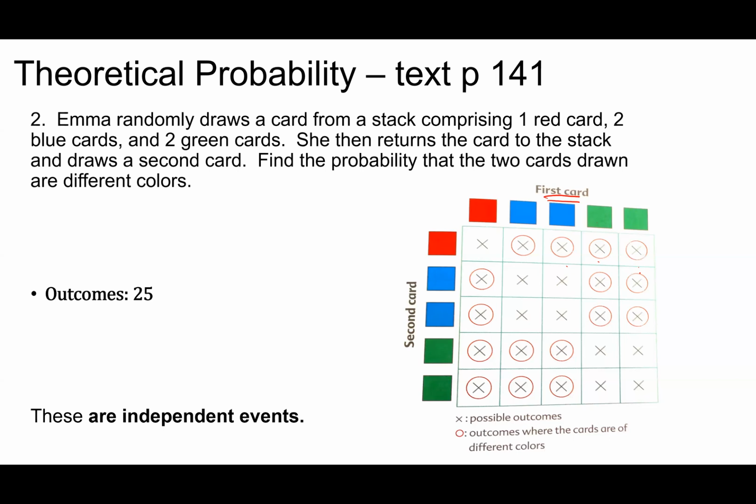So 16 possibilities. What's my probability now? Easy answer, guys. Remember, it's favorable possibilities out of outcomes. Elijah? It would be 16 out of 25. Great job.